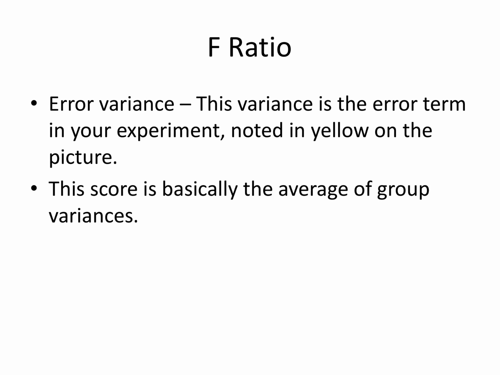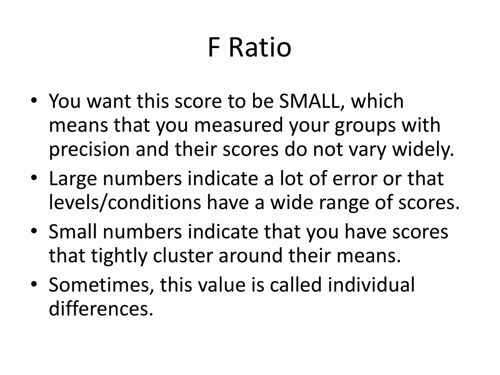The error variance, or what in the original picture was labeled within groups variance, and that's noted in orangish yellow on that picture. That's an average of within group variances. We want that number to be really small because that means that we measured our groups with a lot of precision and their scores don't vary widely. So the mean represents that group really well because everyone's very close to it.